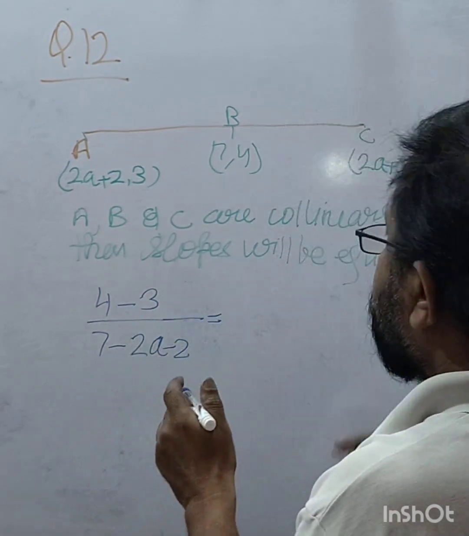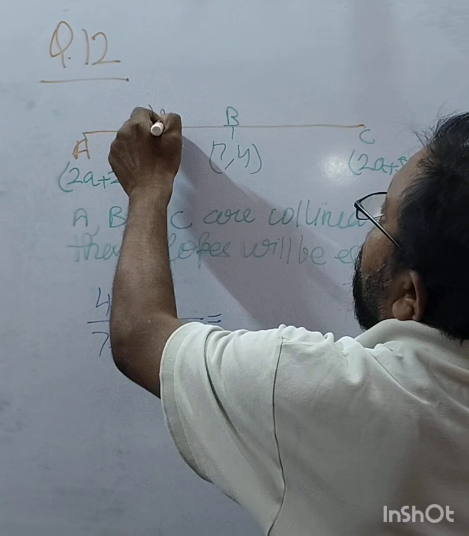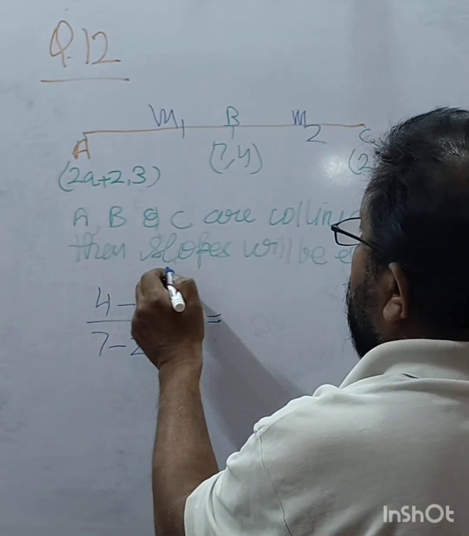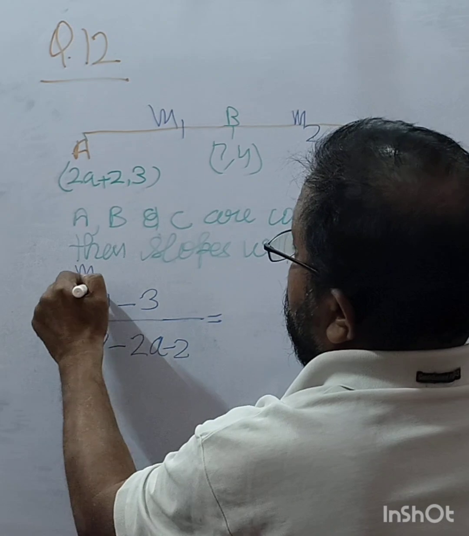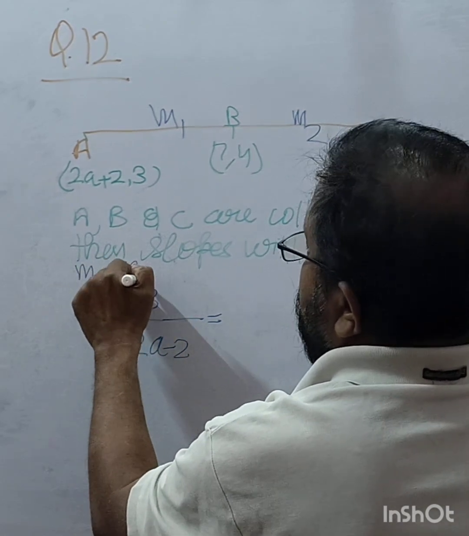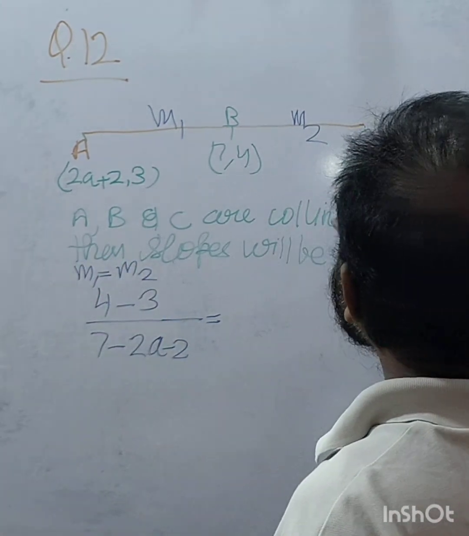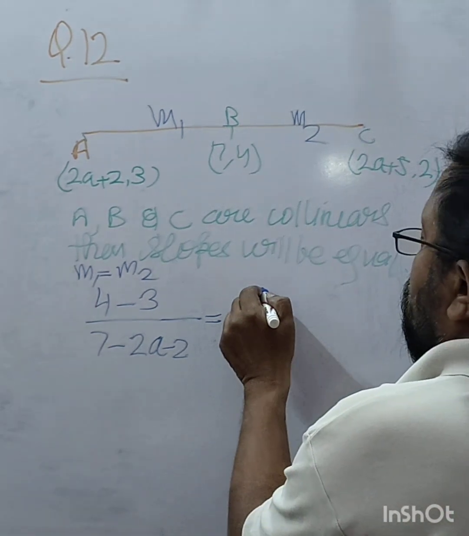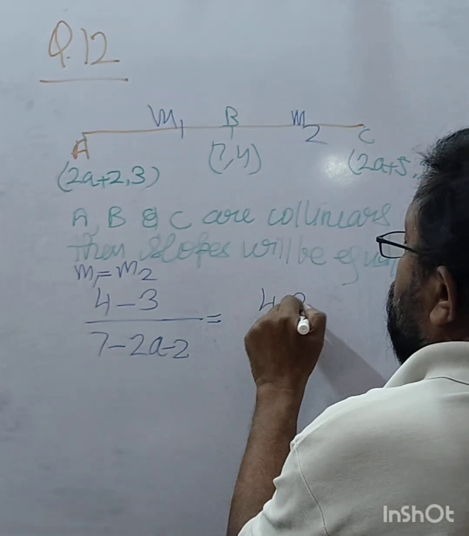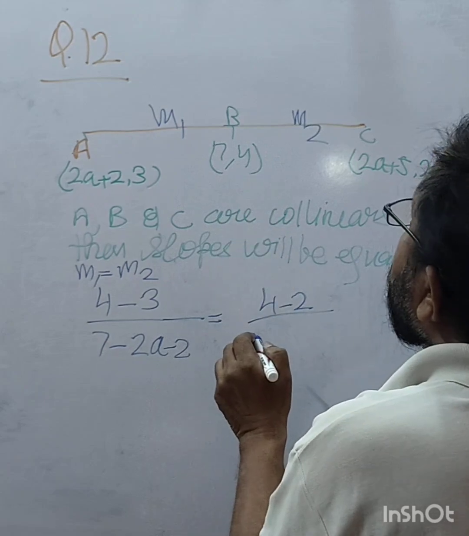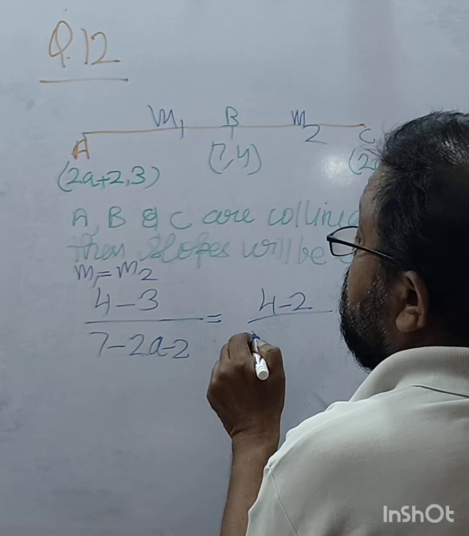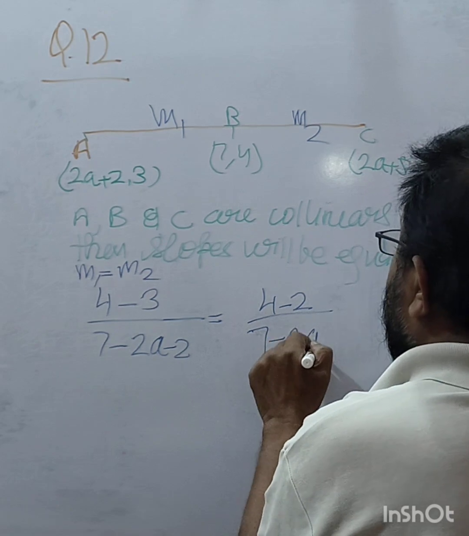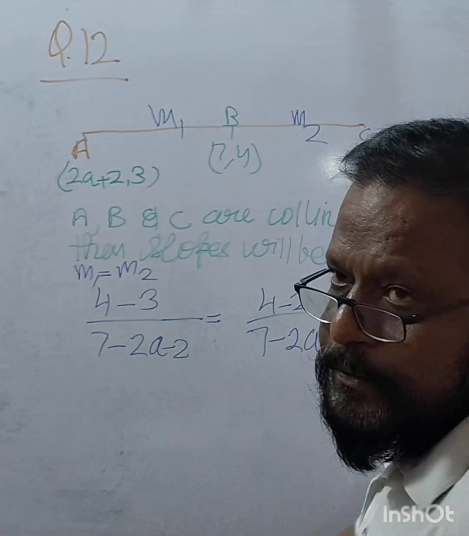is equal to, if this is m1 and this is m2, then m1 is equal to m2, and this is 4 minus 2 upon 7 minus 2a minus 5.